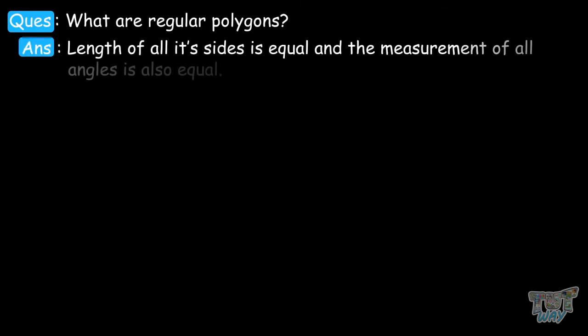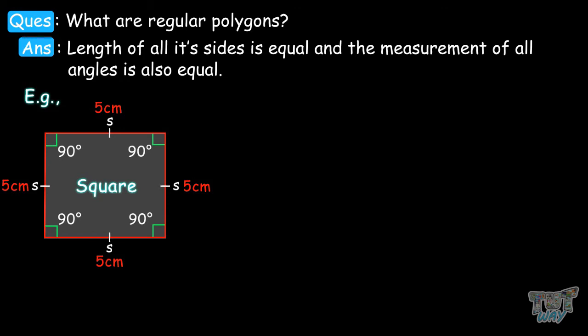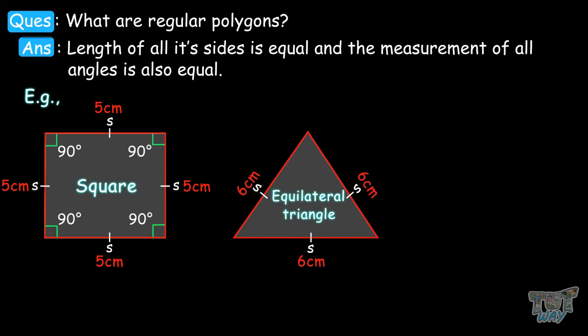In every regular polygon, the length of its sides is equal, and the measurement of all angles is also equal. For example, in this square, the length of the 4 sides is the same, and also all the internal angles are 90 degrees. And another example is this equilateral triangle. The length of all the sides is the same, and all the internal angles measure 60 degrees.